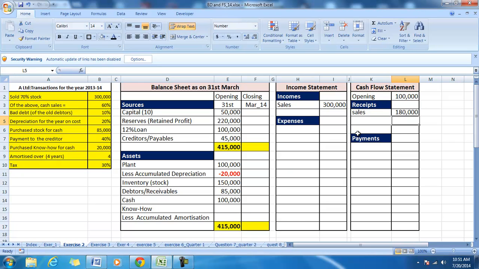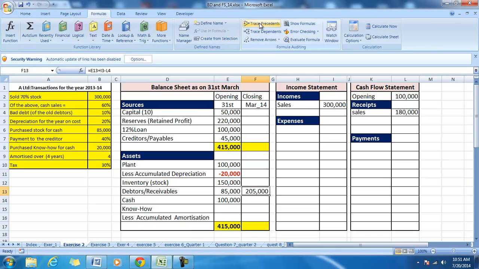As a result, the balance, 120,000, 40% of the sales, is on credit, and as a result the debtors will increase to the extent of the credit sales, which is 120,000 here. So debtors have gone up from 80,000 to 205,000 because there was a credit sale of 120,000.